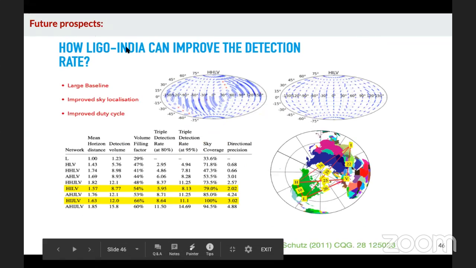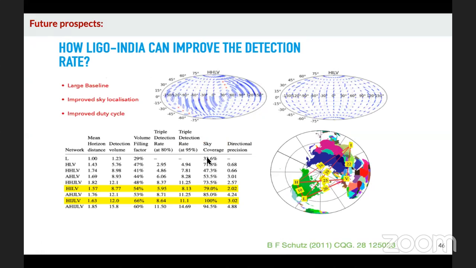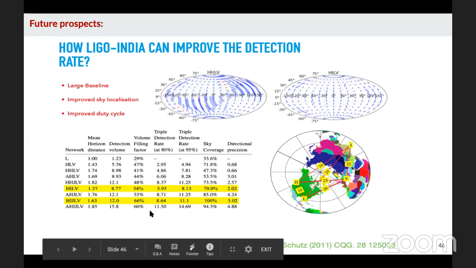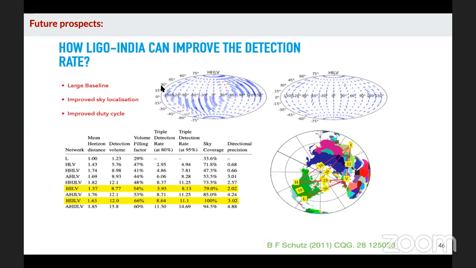Okay, future prospects: how LIGO India can help in improving the detection rate. The localization basically depends on lambda by d, where lambda is the wavelength at which our sources are observed, and d is the baseline.